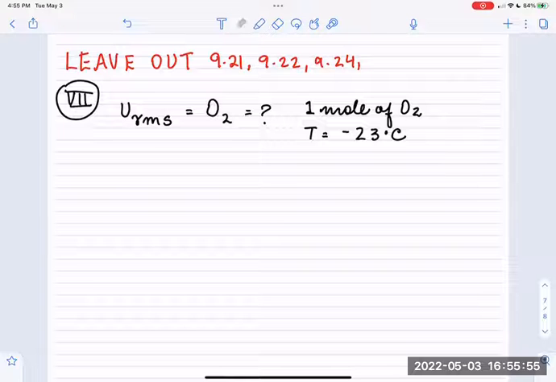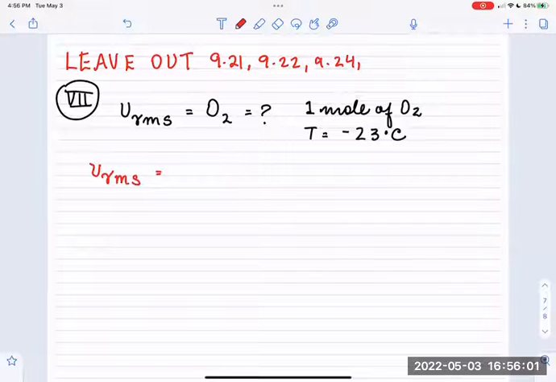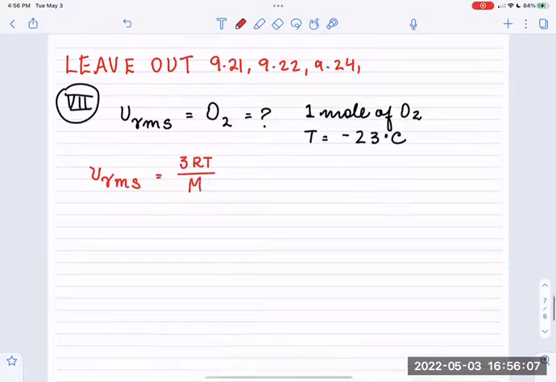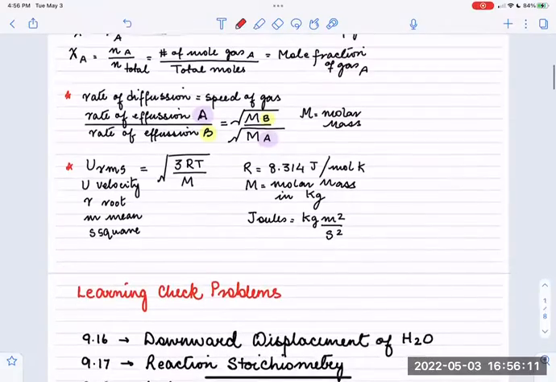So the formula this one uses is URMS equal to the square root of 3RT over M. And as I showed you in the beginning, the value of R, only for this case, we are using it at 8.314 joules per mole K.